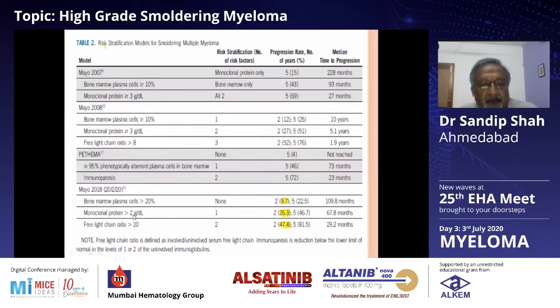And similarly, if there is no factor positive, then the 2-year progression rate is 9.7%. If one factor is positive, 26.3% of patients will progress at 2 years, and if all three factors are present, then 47.4% of patients will progress.